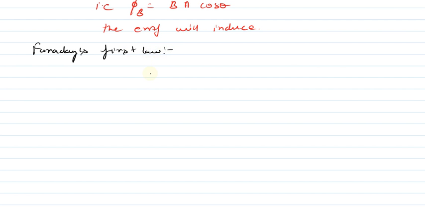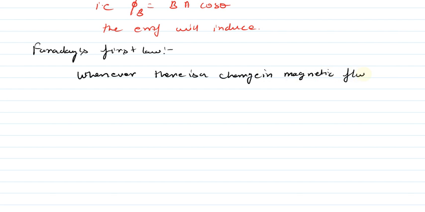The definition of Faraday's first law is: whenever there is a change in magnetic flux linked with a conductor, an EMF is induced in the conductor.